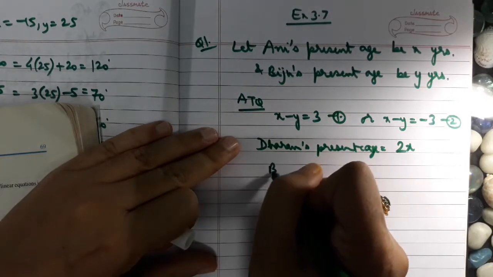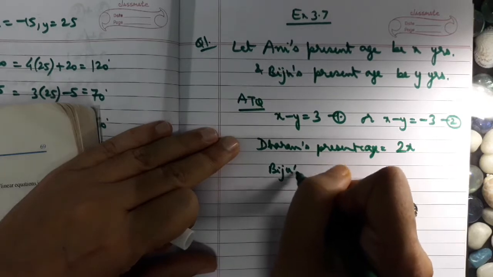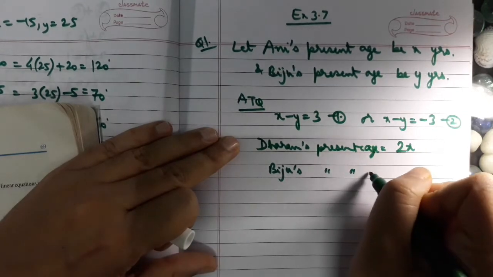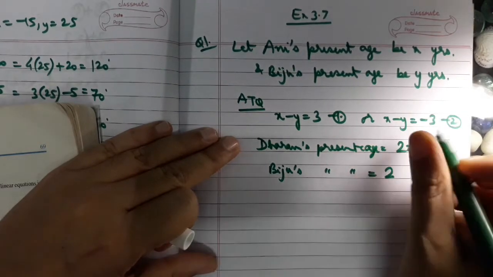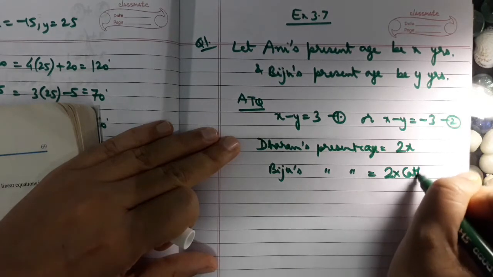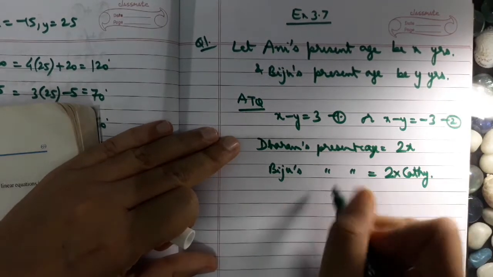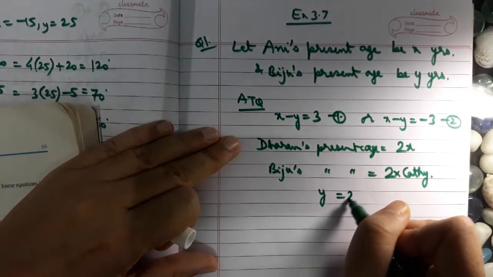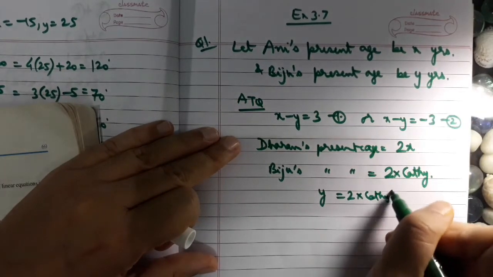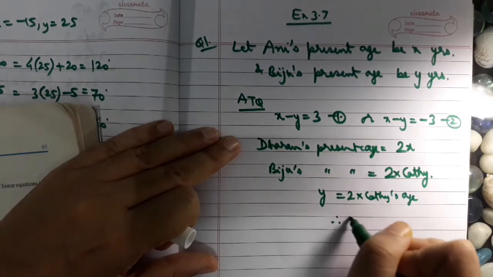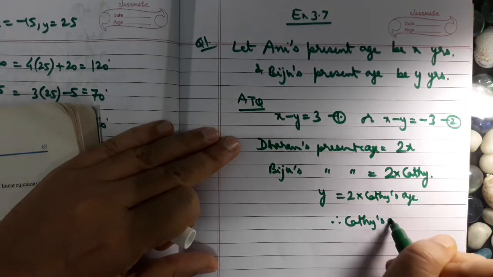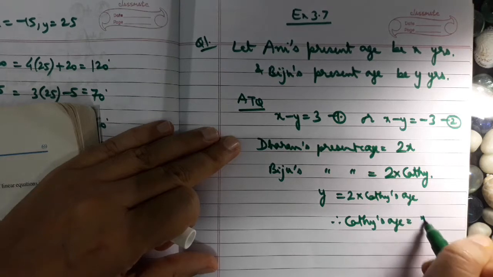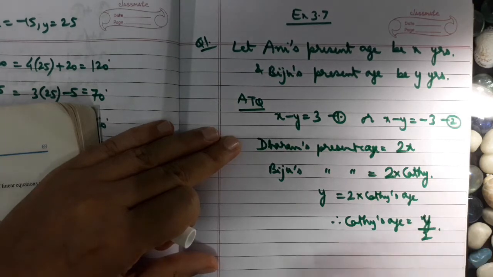And they are saying Biju's present age is twice as old as his sister Kathy. Biju's present age we have taken as Y. So Y is equal to 2 times Kathy's age. So from here Kathy's age comes out to be Y by 2.